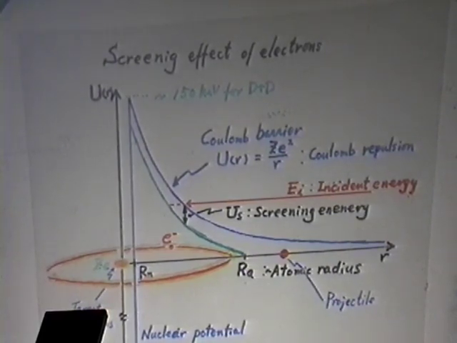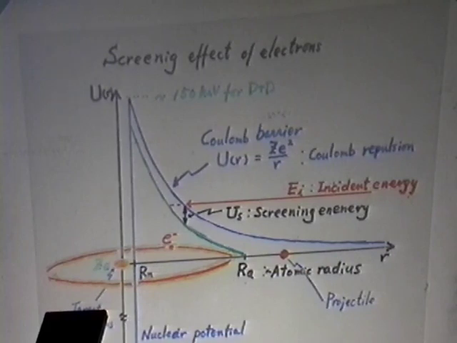Therefore, if the projectile nucleus is coming from outside the atom, there's no Coulomb repulsive force. But if it enters the so-called electron cloud of the atom, the projectile suddenly sees the bare nucleus. So there is a strong repulsive force.